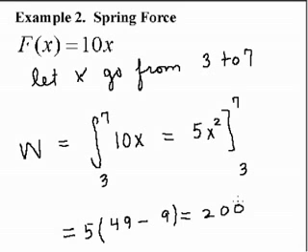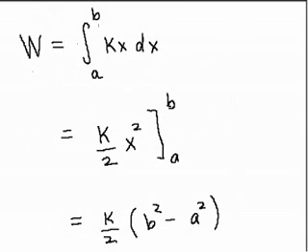So we just integrate f of x dx. And let's add in our dx right here. Very good. And now, if we do that, we get 5x squared. And if we go from 3 to 7, our upper limit is 7, lower limit is 3, we get 200. So if we're working with units of newtons and meters, we have a work of 200 joules.